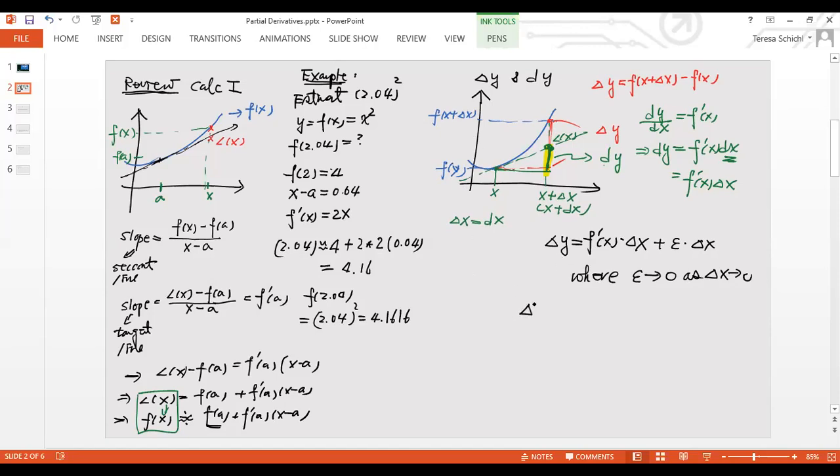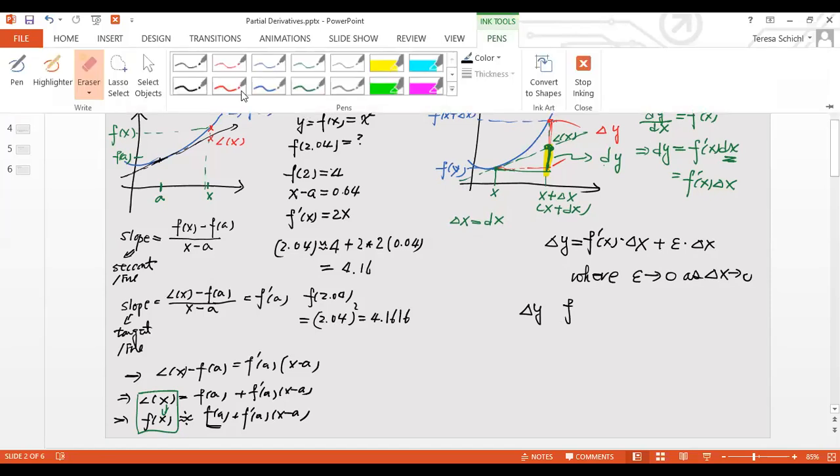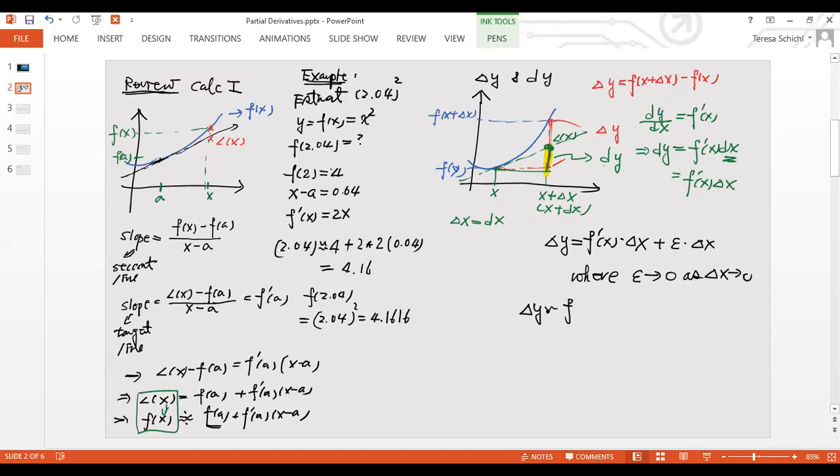So instead of equal, we say delta y is approximately f'(x) dx, or delta x, here.